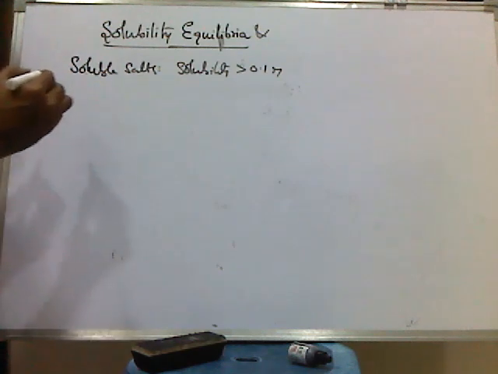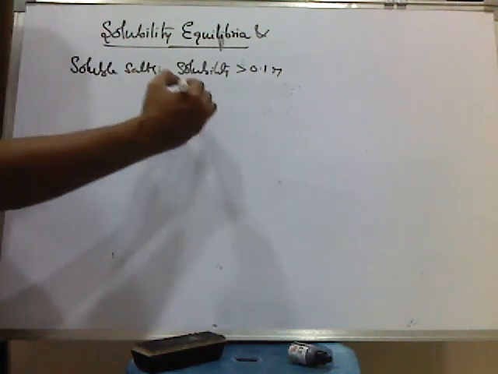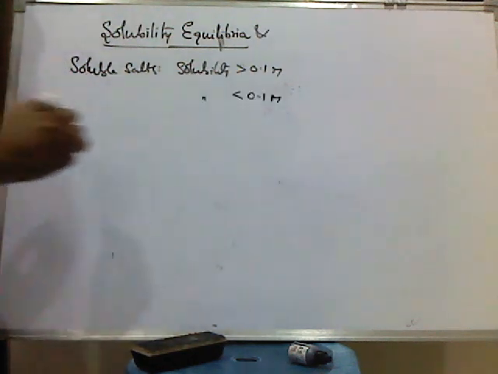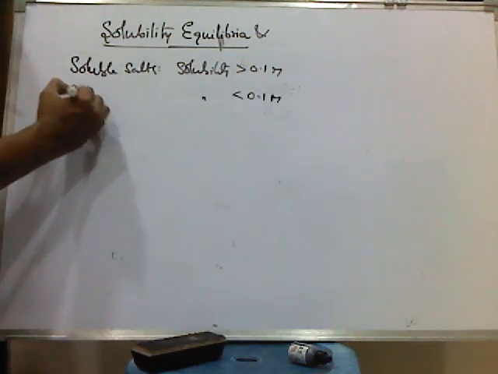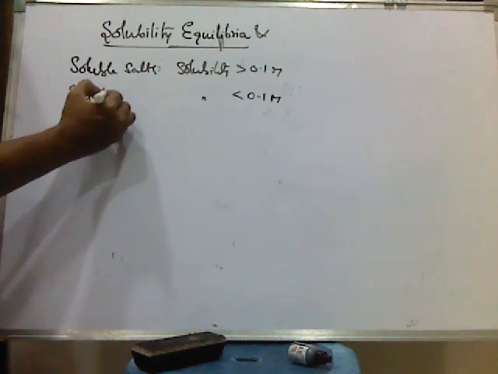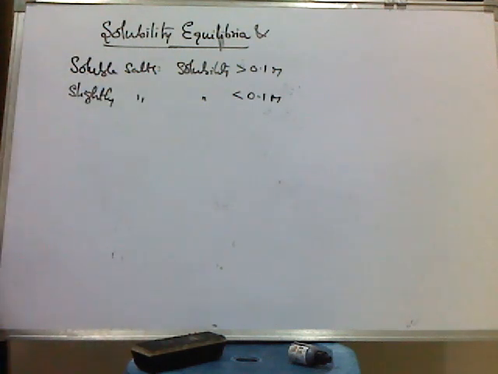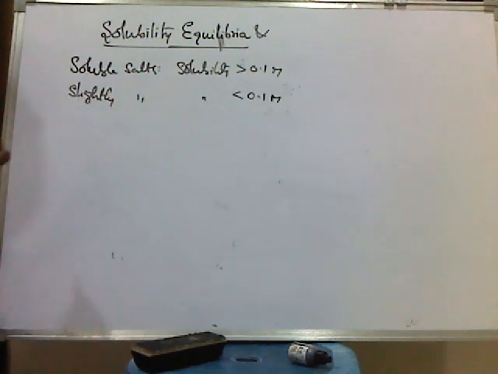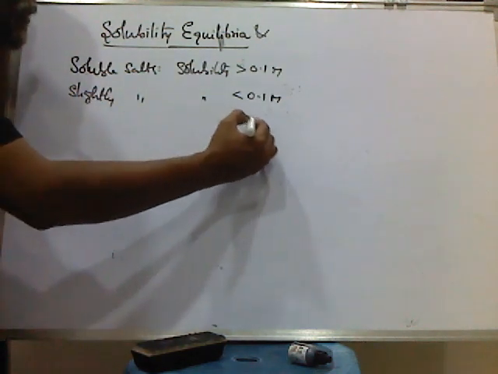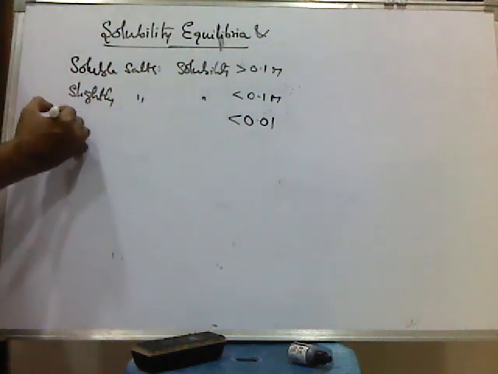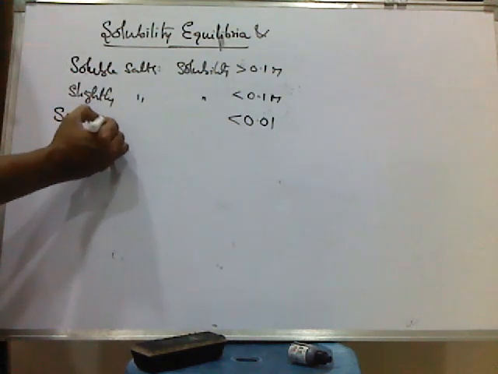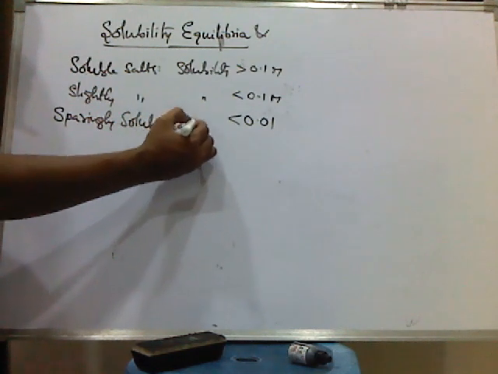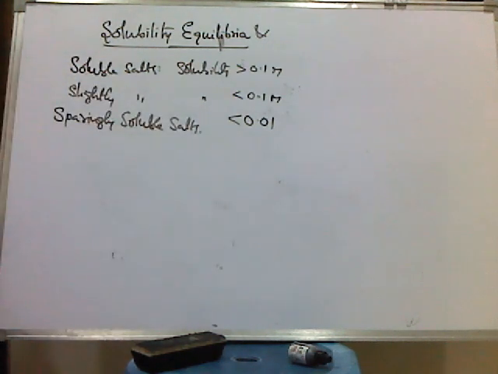If solubility is less than 0.1 mole, those are called slightly soluble salts. And if the solubility is very much less than 0.01, those are called sparingly soluble salts.